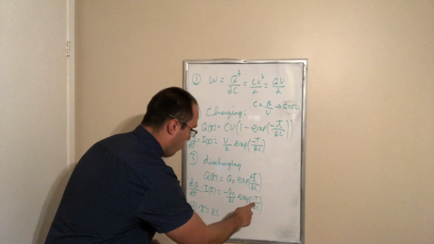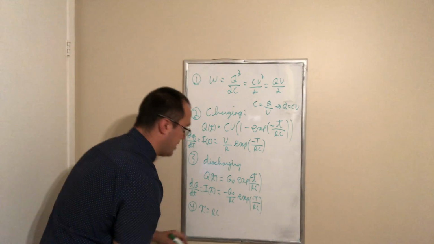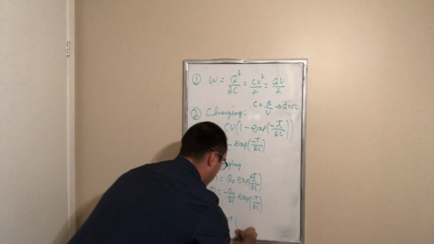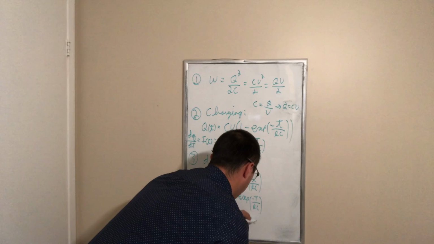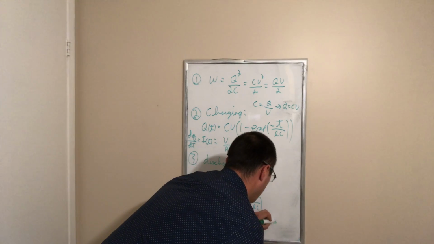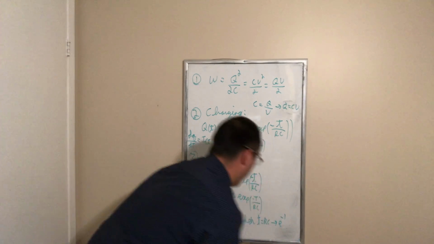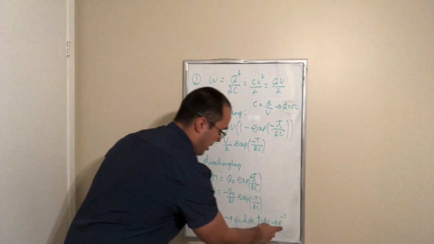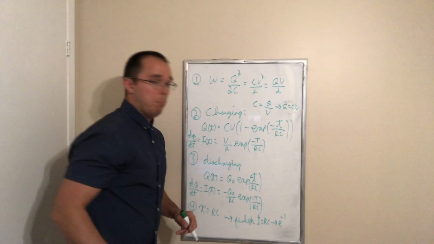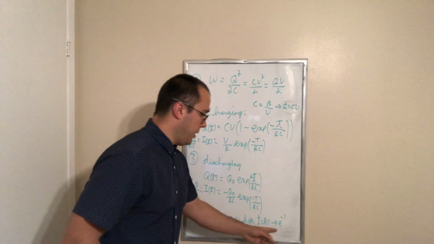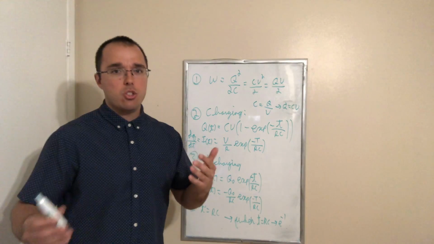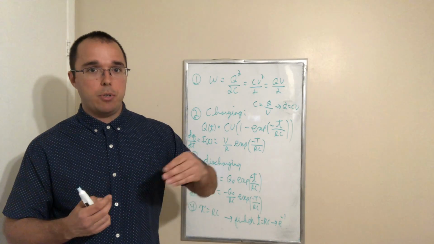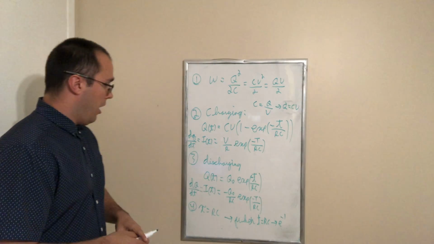So when T equals RC, the exponential becomes e to the power of minus 1, because it's minus T, which is already equal to RC, so it's minus RC divided by RC. So this will be 0.368. So it's either 36.8% charging or 36.8% discharge in this case.